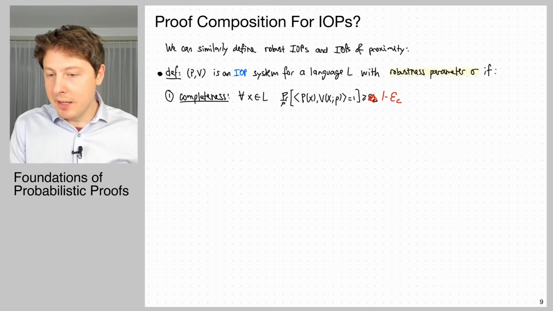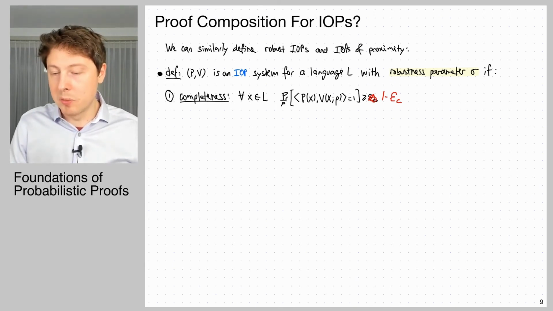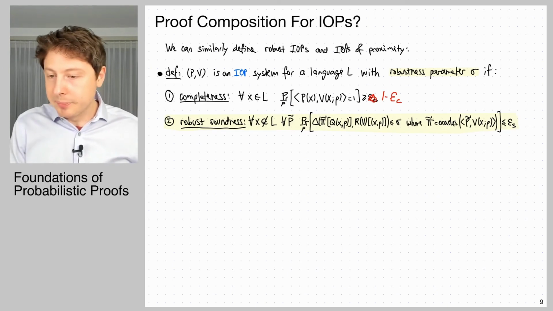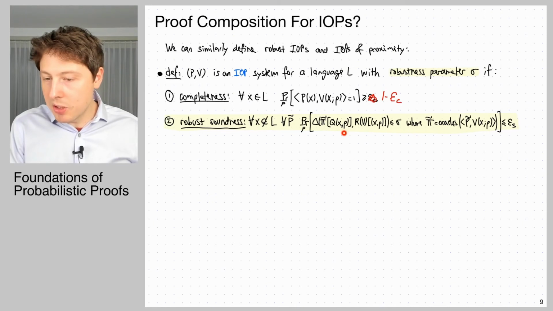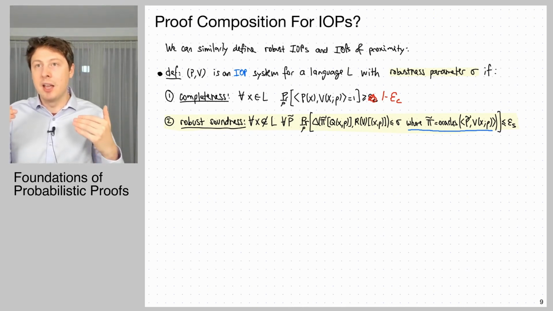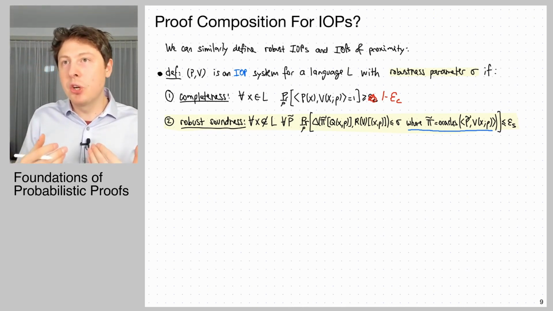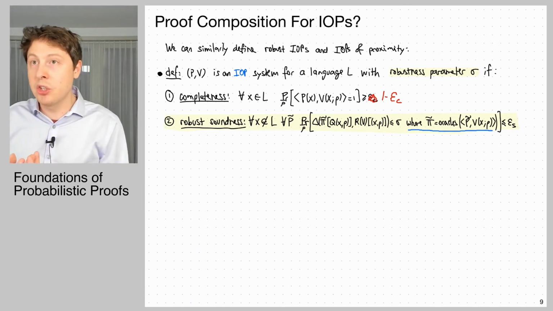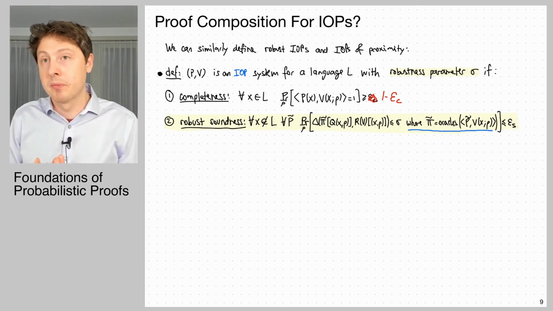If x is in L, then everything happens like a normal IOP rather than a normal PCP. And the robustness condition is the same condition as before, except that you define the proof about which you're taking local views to be the concatenation of all the oracles that were exchanged during the interactive phase.